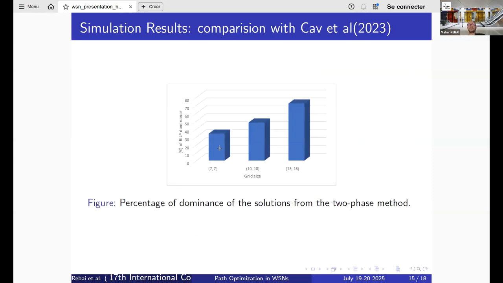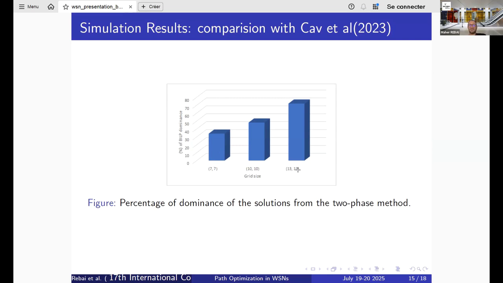Our approach was also compared to the recent literature, which is the approach proposed by Kev et al. in 2023. This approach is proposed to solve regular grids, as you can see here: 7 by 7 grid, 10 by 10, and 13 by 13.